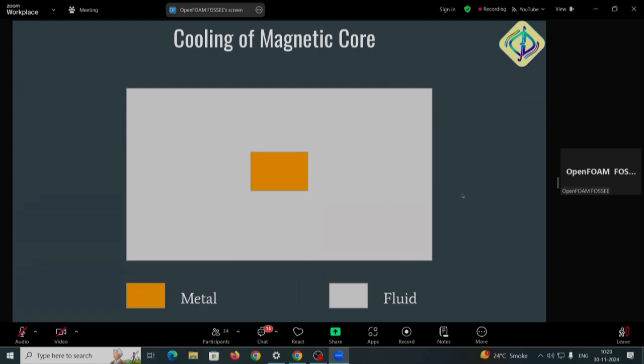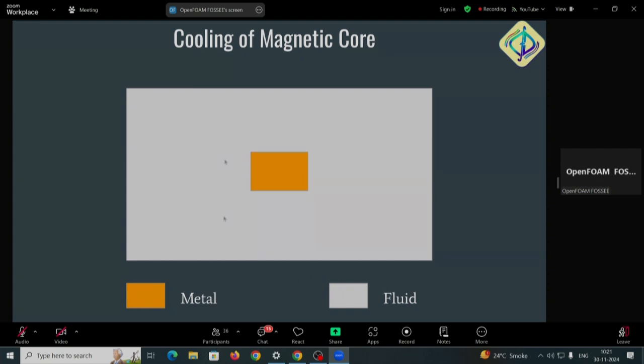Now, this can be done in multiple ways. Because this is a simple geometry, we can do this mesh very easily using the topoSet utility. That is good enough for basic geometries. But today we wanted to demonstrate to you snappyHexMeshDict.